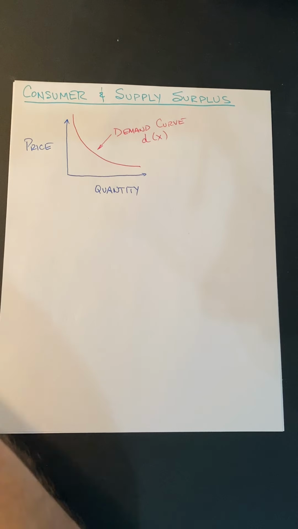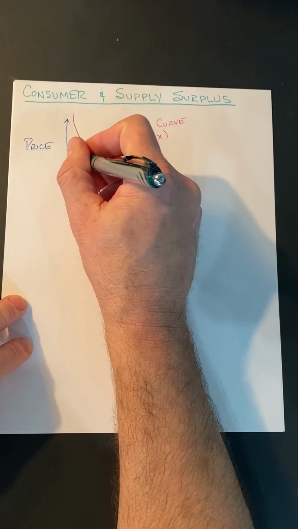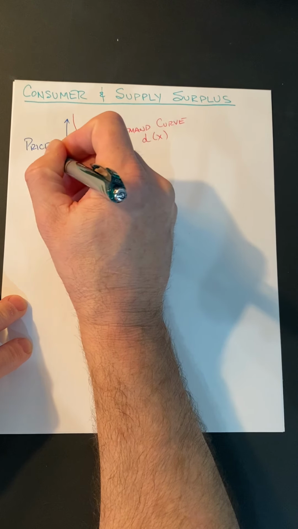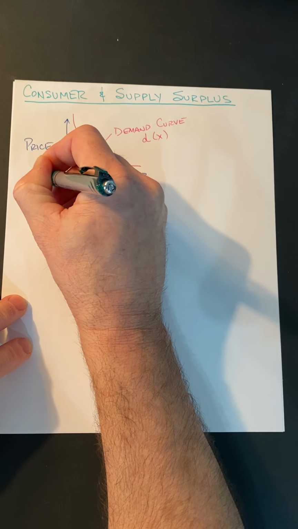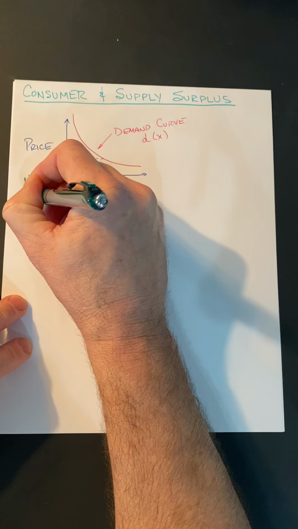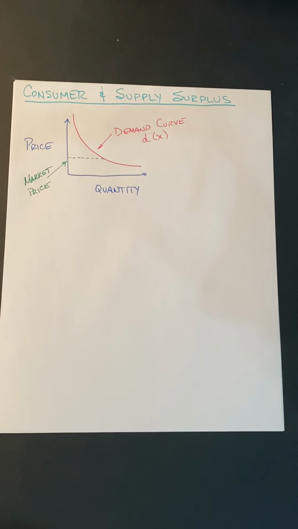Now, what comes into this is the market price, the value that the consumers are actually paying for an object. And that can fluctuate as the economy changes.